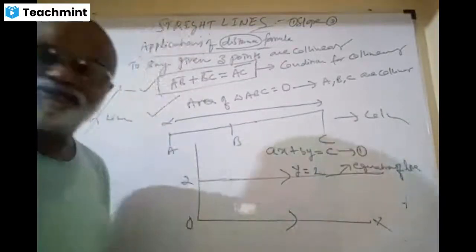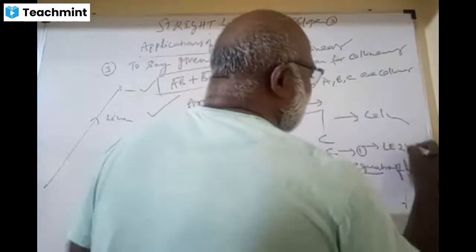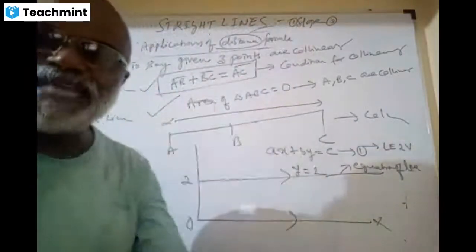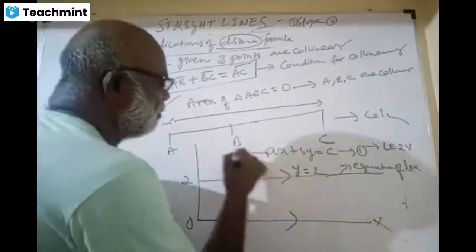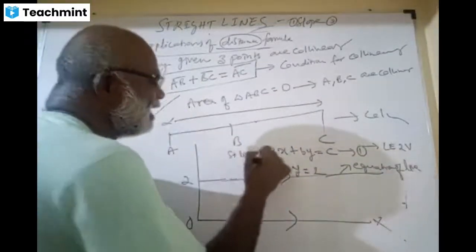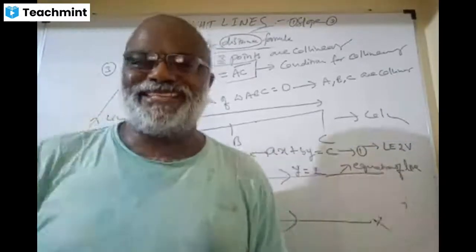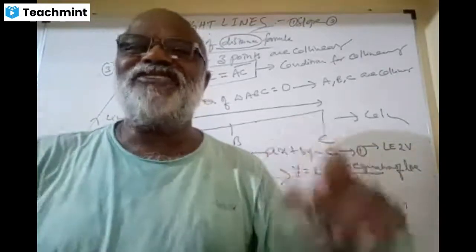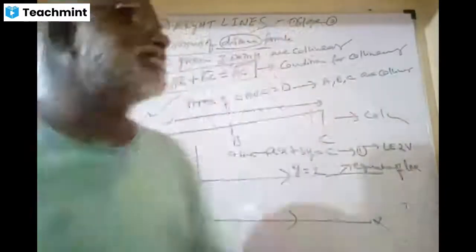This is called a linear equation in two variables, and it represents a straight line. We said this, sir, but we don't know how we are getting that. We are going to see that now. That is called the equation of a line.